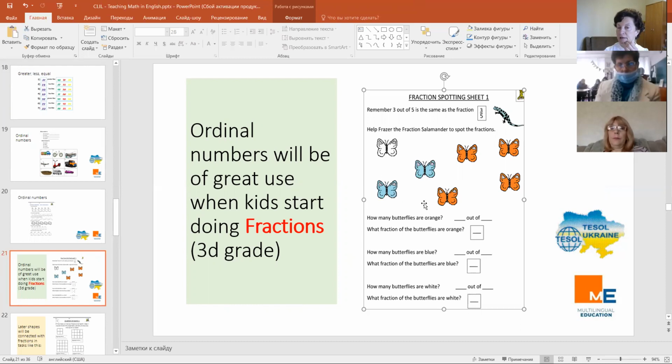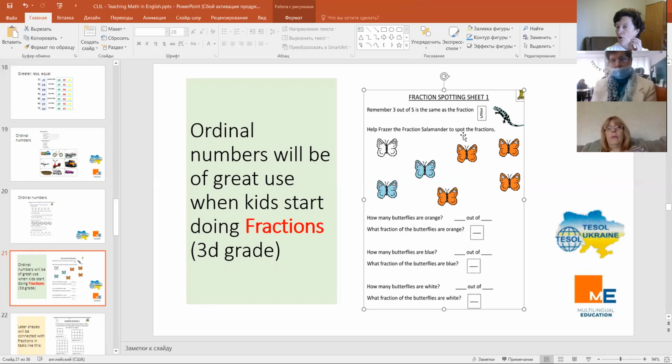For example, this is an example of how to do fractions in the 2nd grade. We did this in the 2nd and 3rd grades. So we count the butterflies. We see that there are 7 butterflies. Yeah. And then we start answering the questions. How many butterflies are orange?